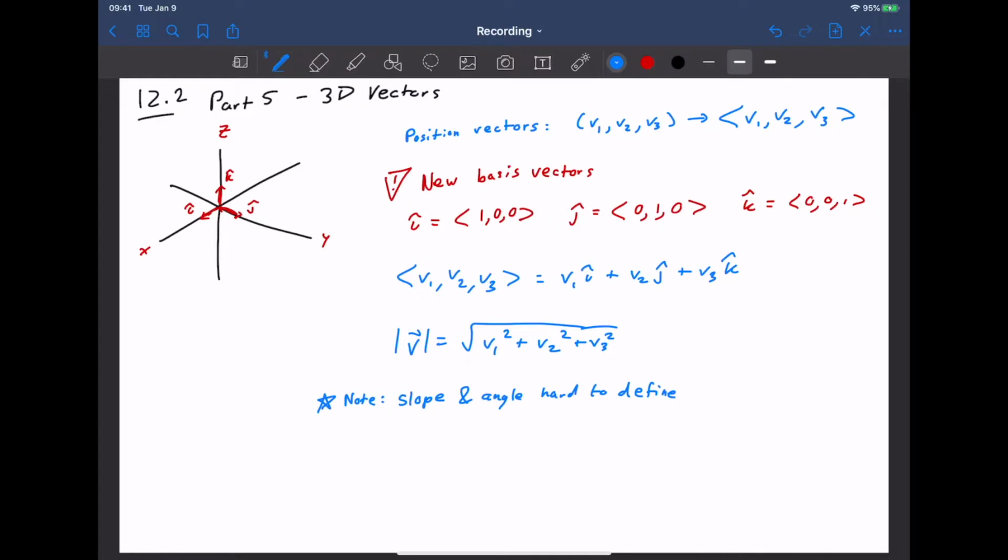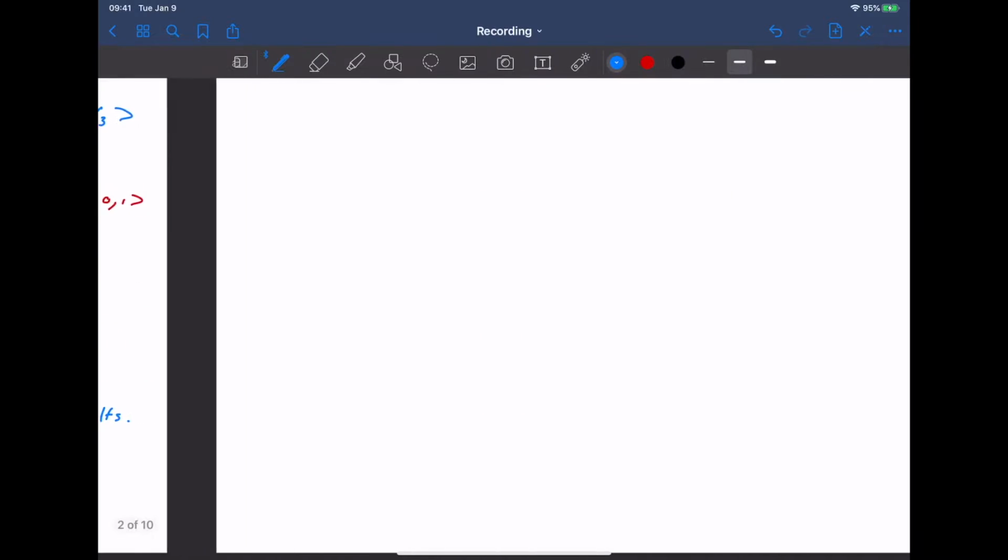But this basically means, of all the systems we had, the only way to tell parallel is to see if the vectors are scalar multiples. Okay?